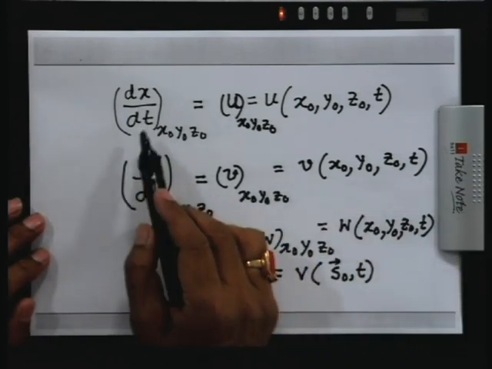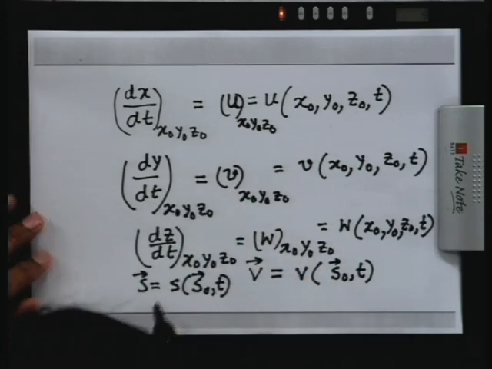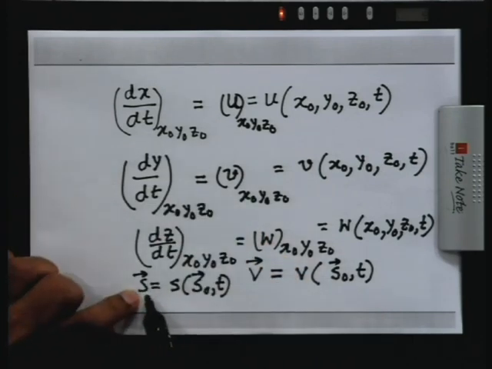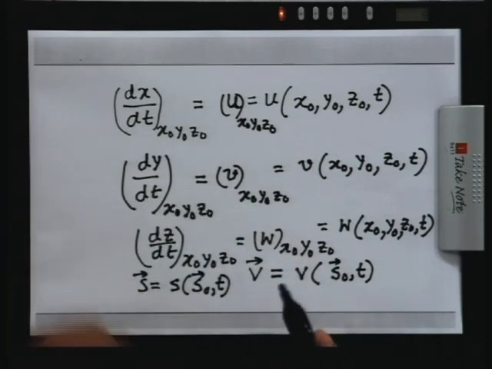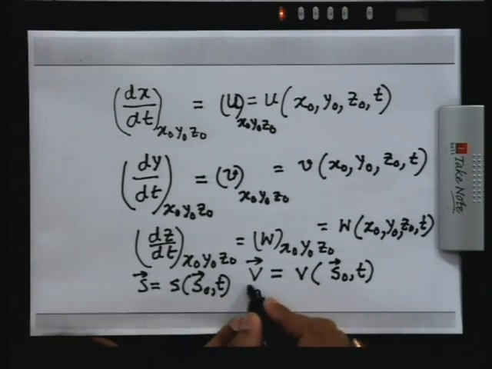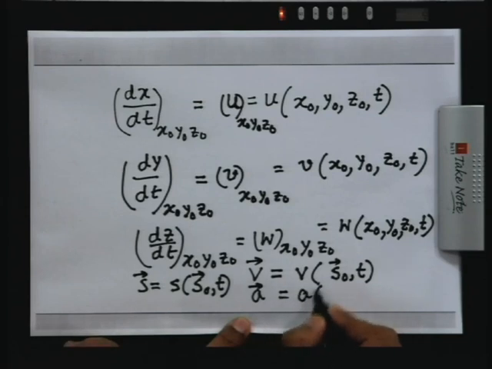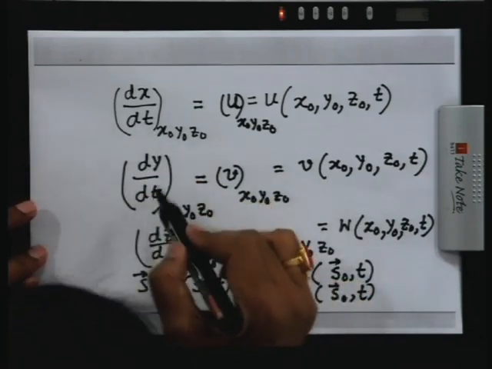If you differentiate this function, that means d squared s/dt squared, then we get the acceleration. That means the acceleration vector we can get by double differentiation of this, which will also be a function of s0 and t, and can be written in terms of different coordinates like ax, ay, az.